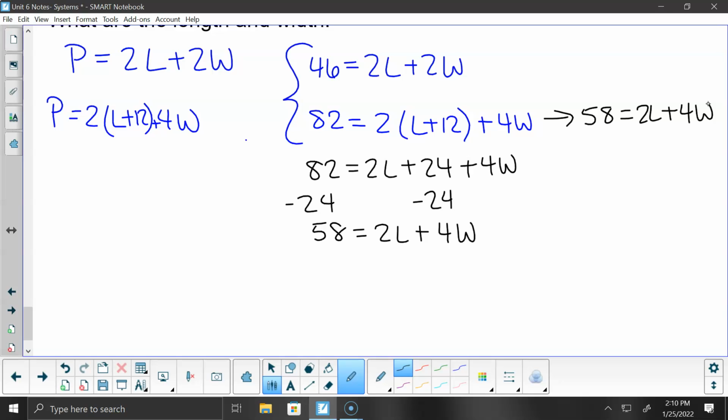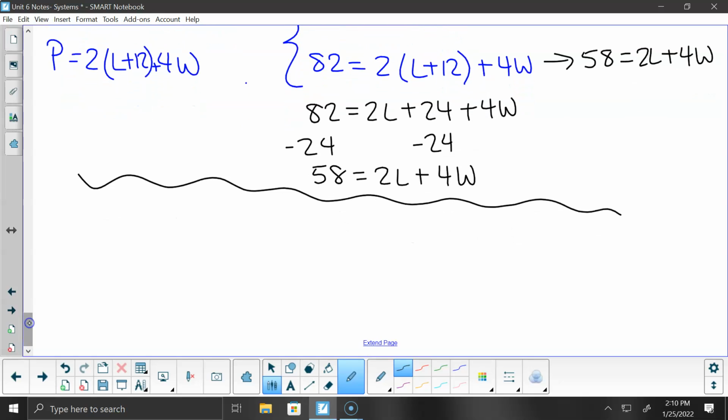So, when it actually comes time to solve, what do you want to eliminate, the L's or the W's? I'd go L's. So I've got 58 equals 2L plus 4W. And then I've got my other one, which was, what, 46? But I need one of them to be a negative, so I'm just going to change that original equation. So negative 46 equals negative 2L minus 2W.